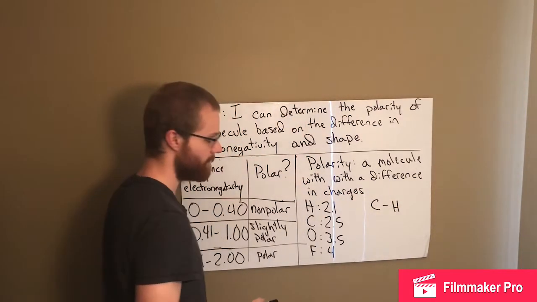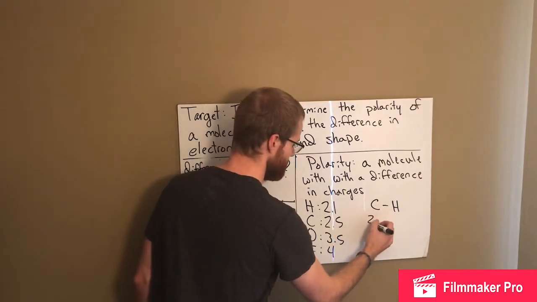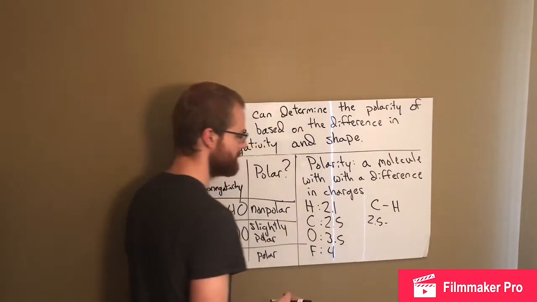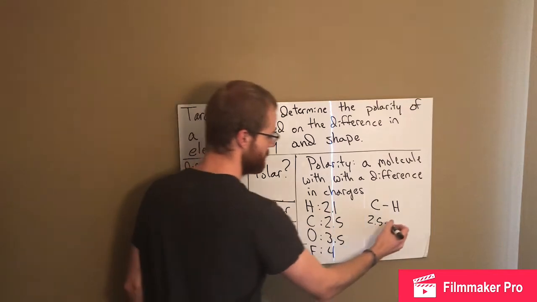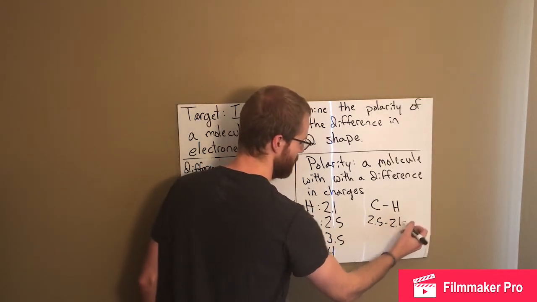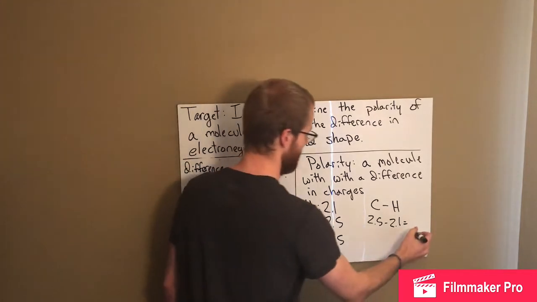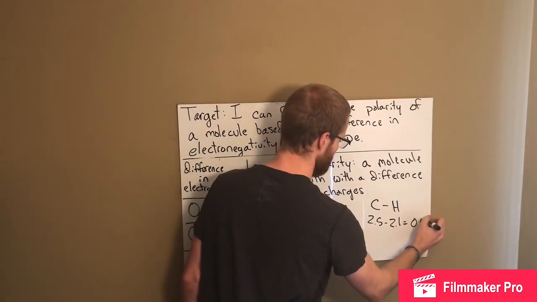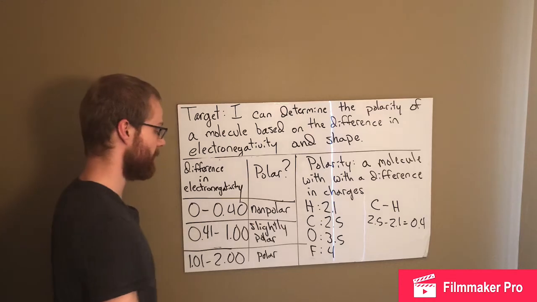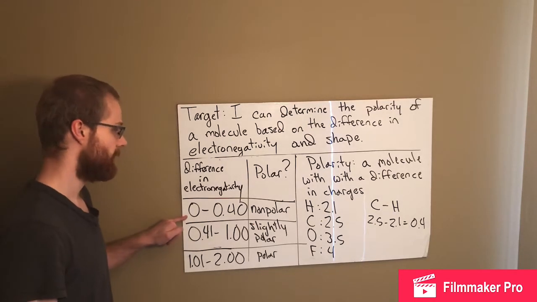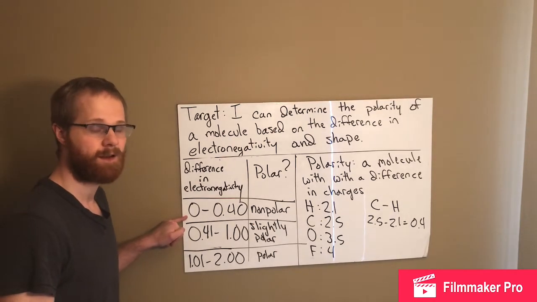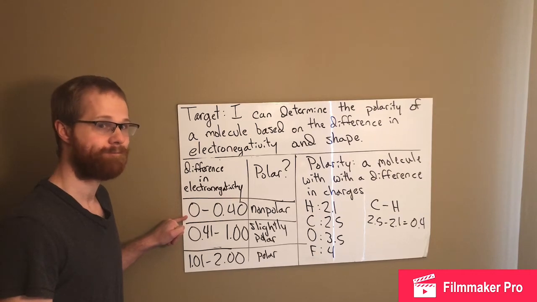Well, carbon has an electronegativity of 2.5 and hydrogen has an electronegativity of 2.1. So if I find the difference between these two values, I get 0.4, which if I check out my handy-dandy little table, I would see that typically carbon and hydrogen bonds are non-polar.